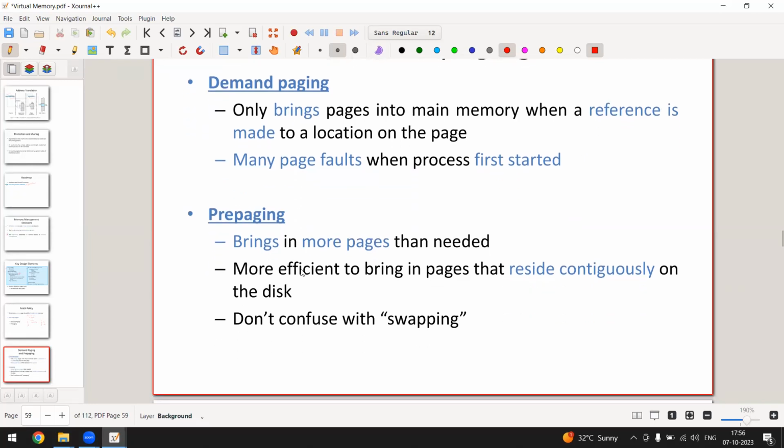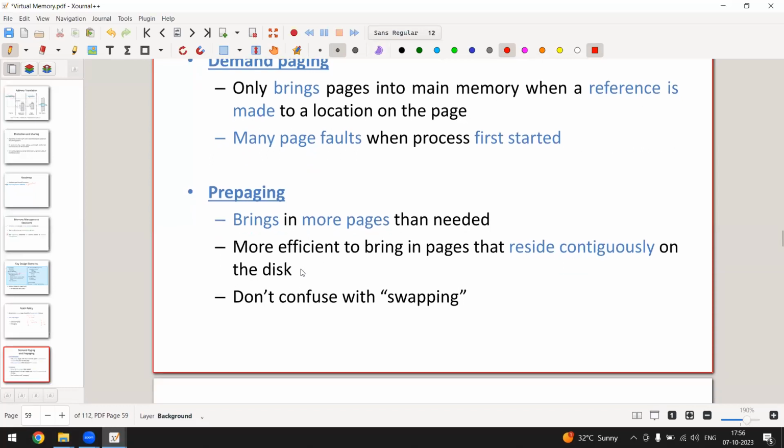If you want to look at another design called pre-paging. Now what is pre-paging? In case of pre-paging, you bring one or more pages that are needed and even bring more pages than needed. Right? So whichever pages are needed, you bring some more pages than the required pages.